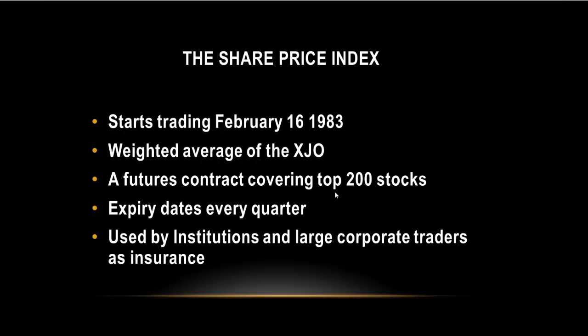The futures contract covering the top 200 stocks has an expiry date every quarter, and that is the third Thursday of March, June, September and December. So you need to be aware that these contracts do have an expiry date, and we'll talk about that in a minute. But it's important to remember that futures trading are contracts.